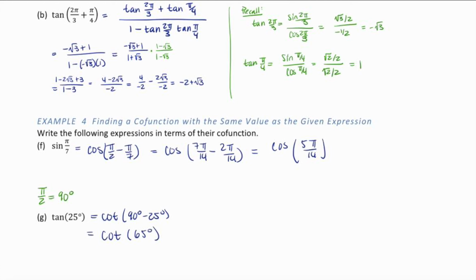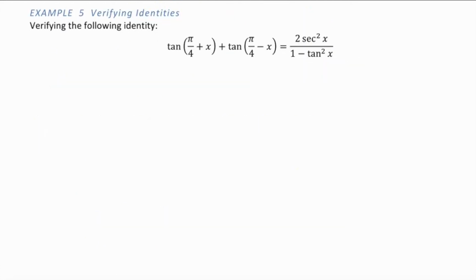Let's look at the last example. Example 5, verifying identities. Verify the following identity. Tangent of pi over 4 plus x plus tangent of pi over 4 minus x equals 2 secant squared x divided by 1 minus tangent squared x. So I'm going to start here with the left-hand side so we can apply the sum and the difference identities for tangent.